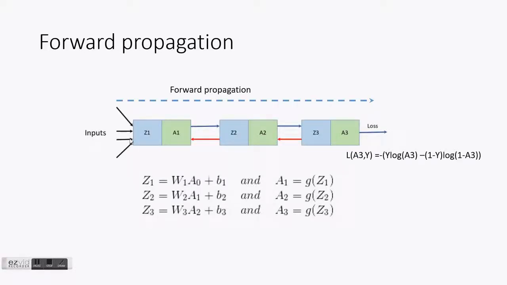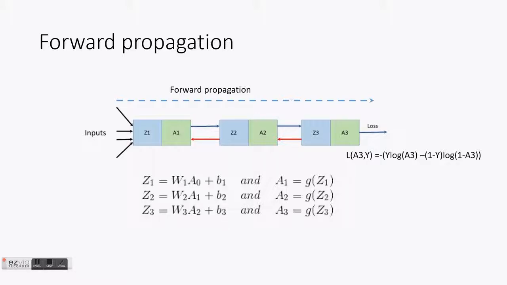Z1 is the linear sum of the inputs, so it's W1 A0 plus B1, where A0 stands for the inputs or the features. And the activation in the first hidden layer, A1, is equal to G of Z1. Here G could be any activation unit.